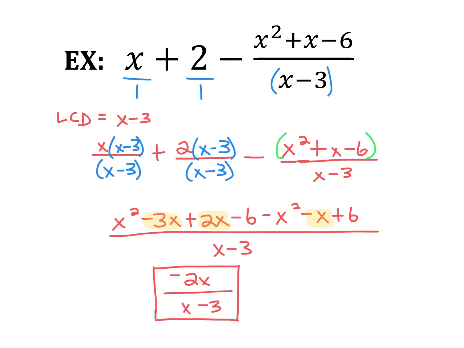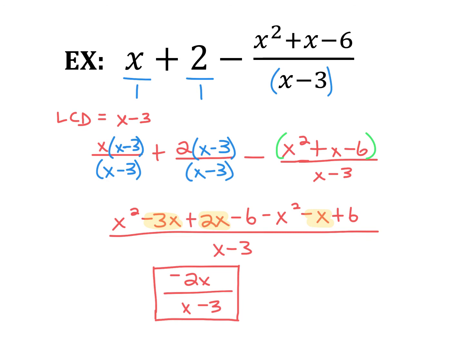Essentially, we can do that because we are just multiplying by the equivalent of 1. So we are not mathematically changing the original expression in any way. We are just multiplying by the equivalent of 1 so that the new expression is mathematically equivalent, but in a form that now has a least common denominator so that we can proceed with adding or subtracting the rational expressions.